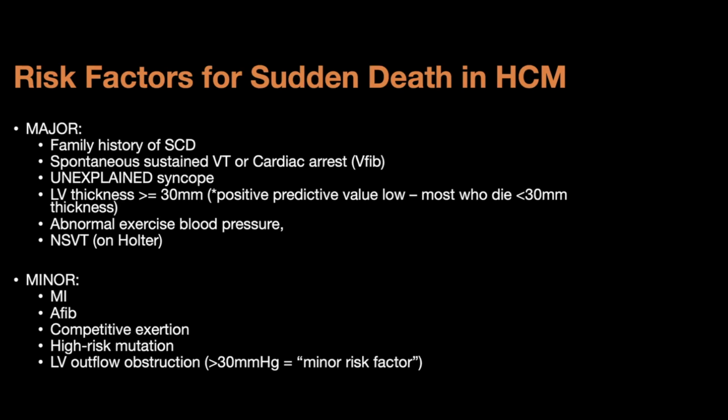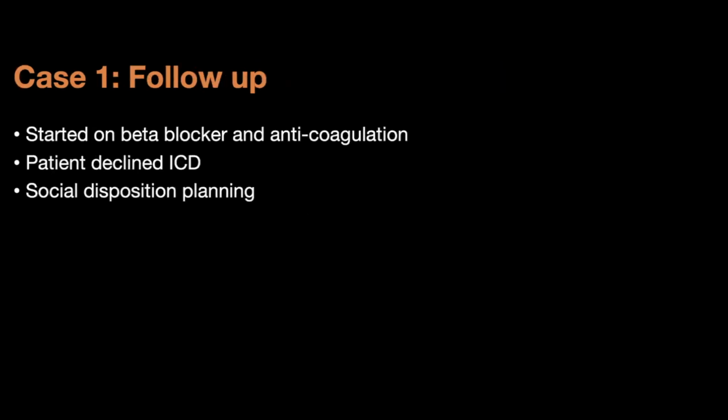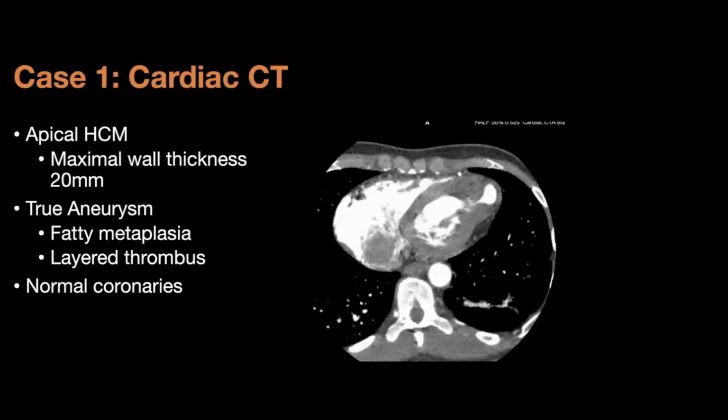I won't belabor this point, just to get to the other echo cases, just in terms of clinically for us, in terms of risk factors for sudden cardiac death in HCM, and the criteria that we use for consideration of primary prevention ICD. In this context, this patient actually got a cardiac CT urgently, right after his echo. I think they had initial concerns of making sure that this wasn't infarct related, a complication.